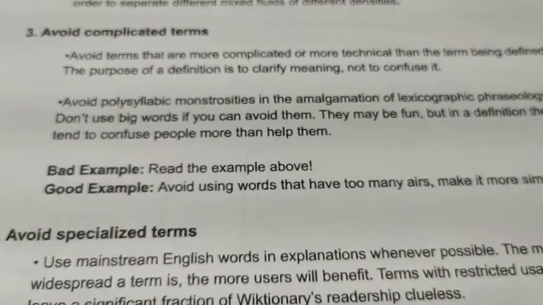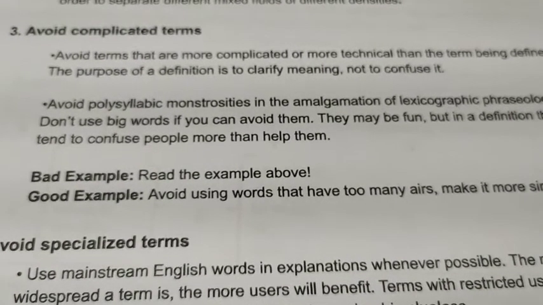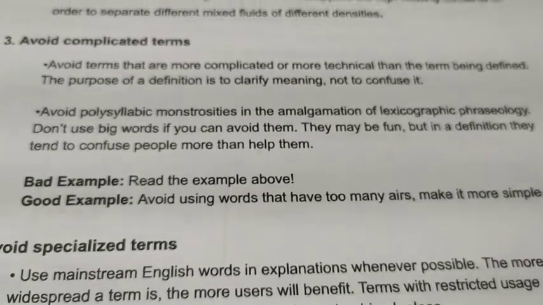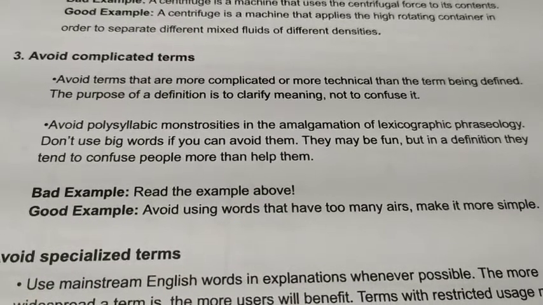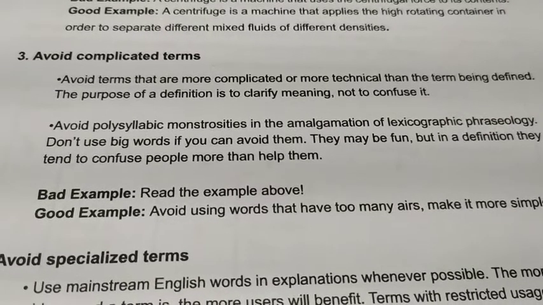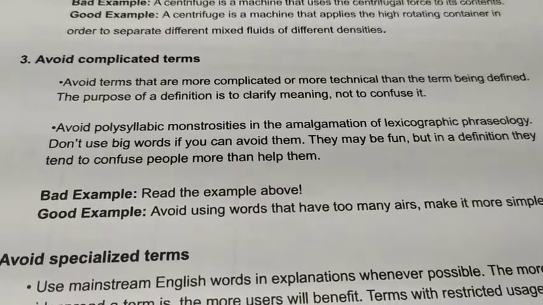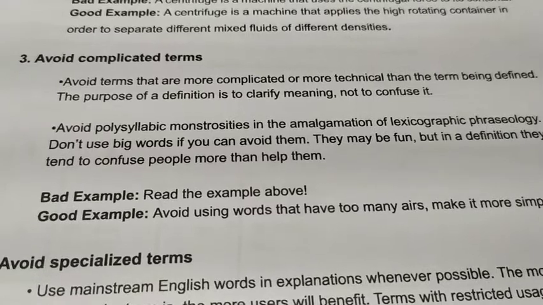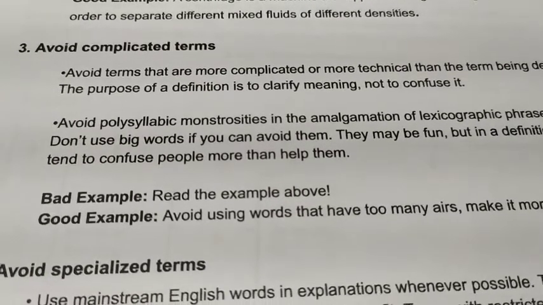Like this one, avoid using words that have too many airs, make it more simple. Here, in the good example, the reader will really understand what they should avoid. In the bad example, it is the example above.